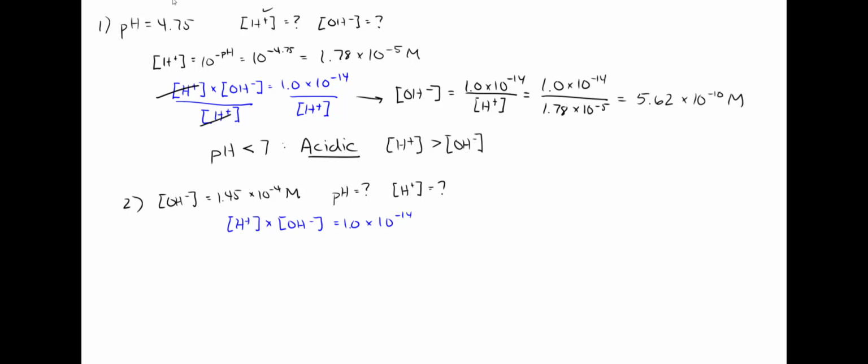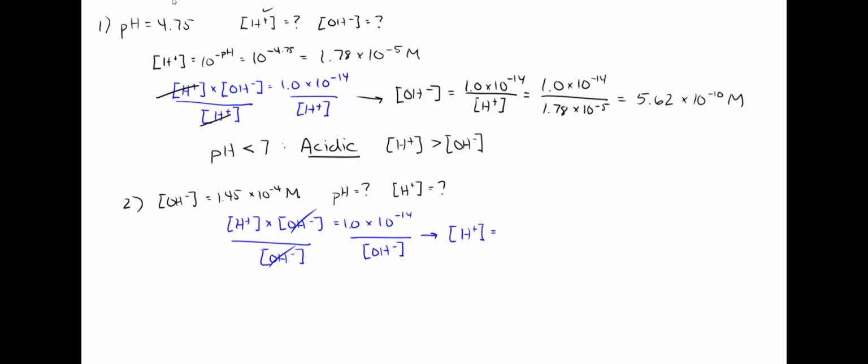Now this time we have hydroxide concentration. The unknown is proton concentration. So let's get rid of hydroxide ion concentration. We'll divide it out on both sides.